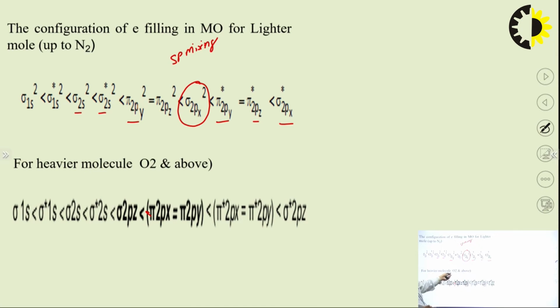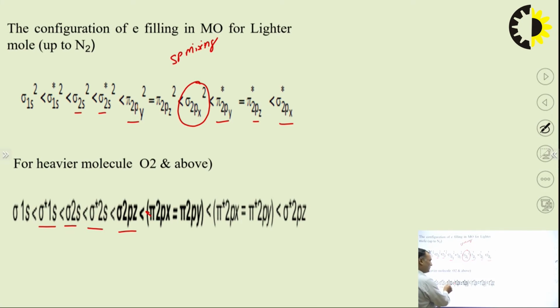While for heavier molecules, meaning oxygen and above, what happens? The configuration will be like this: sigma 1s2, sigma star 1s2, sigma 2s2, sigma star 2s2, sigma 2p z.